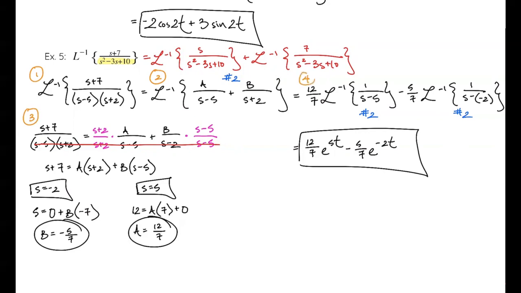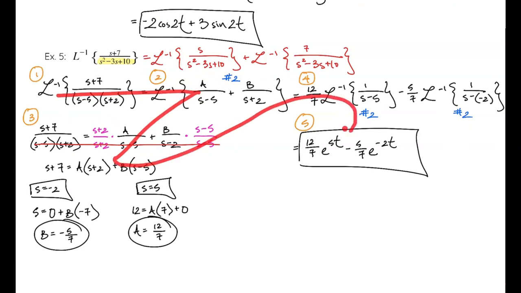Then we put it back in to our inverse Laplace transform. And finally, we used our table to match what we have in that line 4. Okay, so it's not quite linear. It's like 1, 2, take a side step to do some more algebra, and then use the table to finish things off. All right.